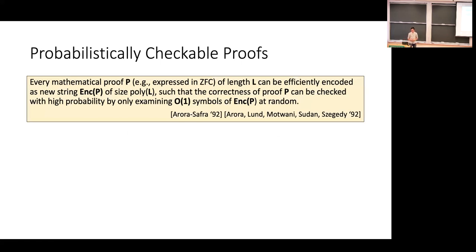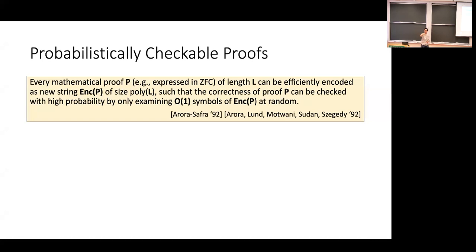So first, let me start with probabilistically checkable proofs, or PCPs. If you haven't seen it before, I think it's a really wonderful thing to know that it exists. There are many ways of stating it, but one way is, let's say you gave me a mathematical proof of some statement, written in ZFC or your favorite formal system, and it has some length L. You can efficiently convert this proof into another format, which I'll call enc of P, and the blow up in this new format is not too large.